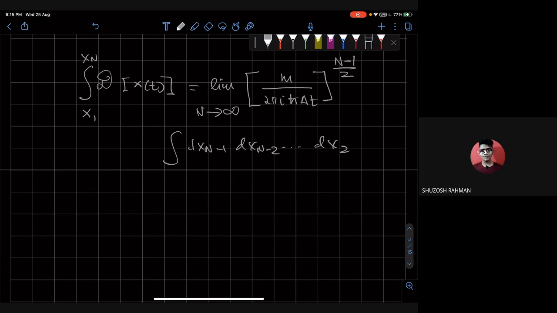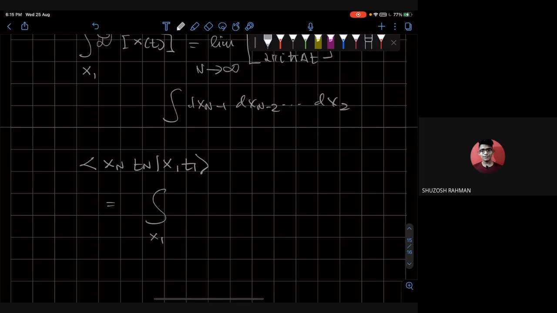And if I put everything together now, then the path integral, the propagator from x1, t1 to xn, tn, is given by this integral, D of x of t, times exponential of i over h bar, integrated from initial time to final time, with the classical Lagrangian, but evaluated on all the different paths.